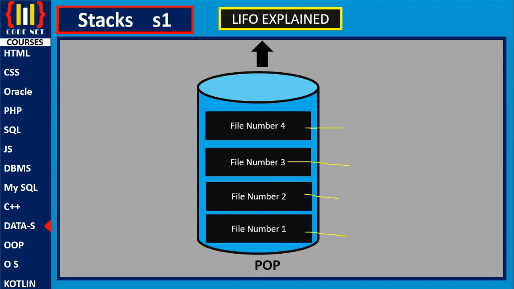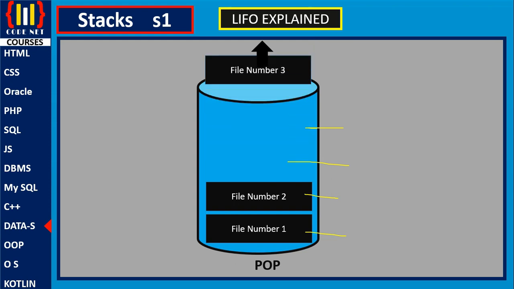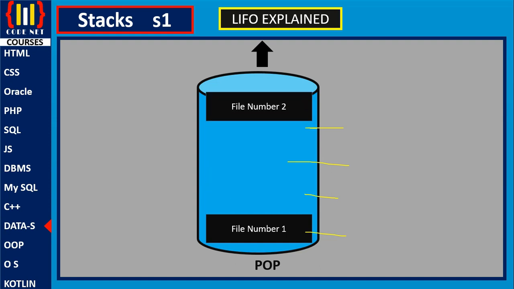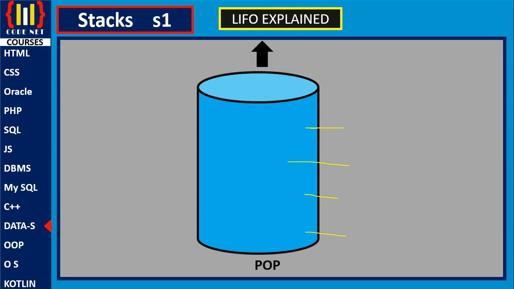We have files on the very top, like plates on the very top. So file number 4 should come out. What file can we remove next? File number 3 can be removed. What file can we remove again? File number 2 can come out. Is there another file that can come out? Yes, file number 1 can now definitely come out. And we even have an empty container, an empty stack.